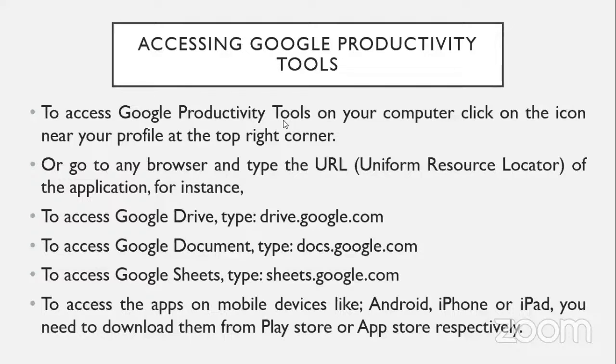If you want to access Google Sheets, you type sheets.google.com. And to access these apps on a mobile device, like an Android, an iPhone or an iPad, you need to download these apps individually from the Play Store or App Store. If you don't have any of these already, I will share the links for you to install these apps on Android and iPhone.